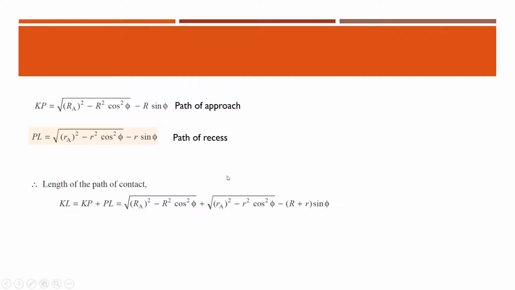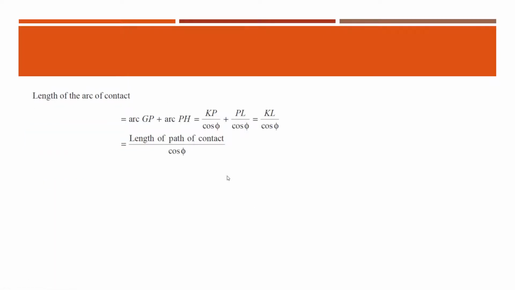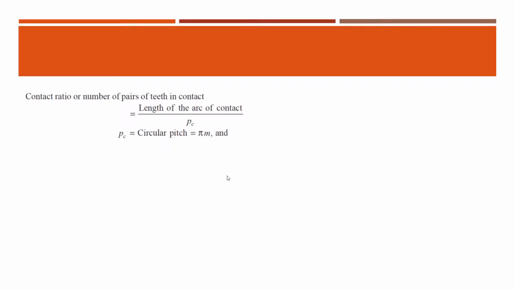So, this is the equation for the path of contact, and the equation for the arc of contact is equal to length of path of contact divided by cos phi, where phi is the pressure angle. And finally, the contact ratio, or number of pairs of teeth in contact, is given by the length of arc of contact divided by circular pitch, and the equation for circular pitch is pi times module.